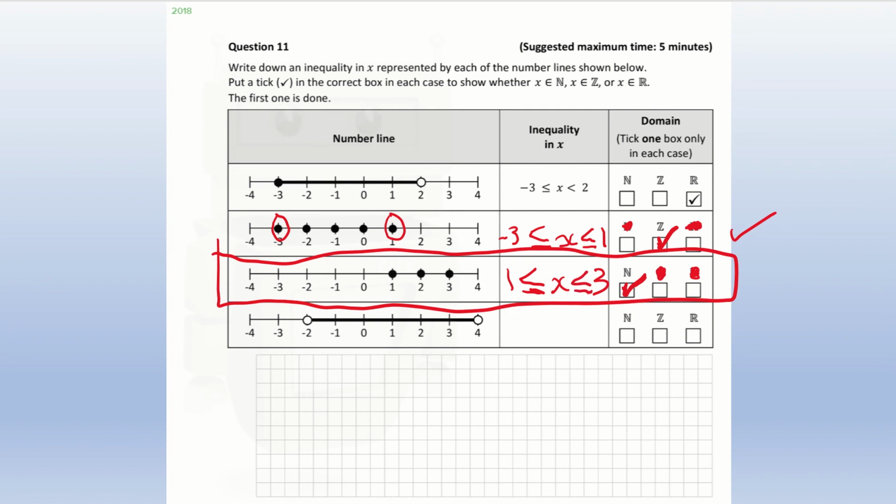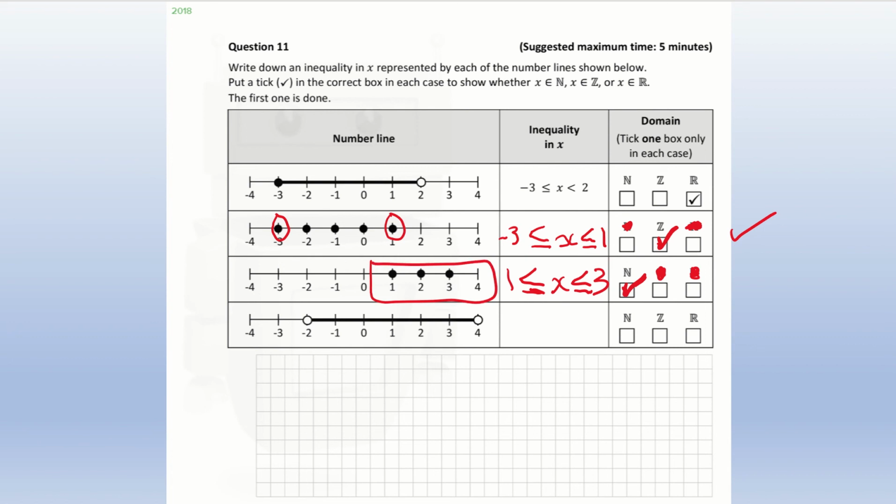So let's just see if we've gotten that correct. Let's see if that makes sense. All my natural numbers, that's going to be here, in between 1 and 3, and including 1 and 3, well, I've written those down. I have it exactly the same as what's on the number line there.